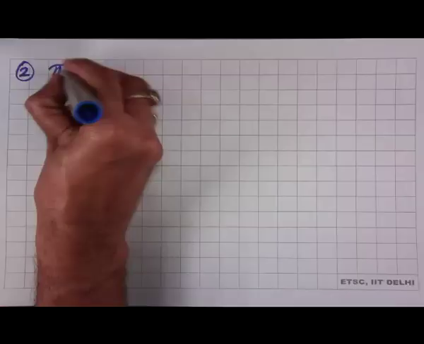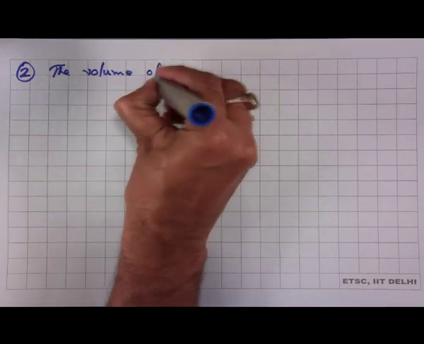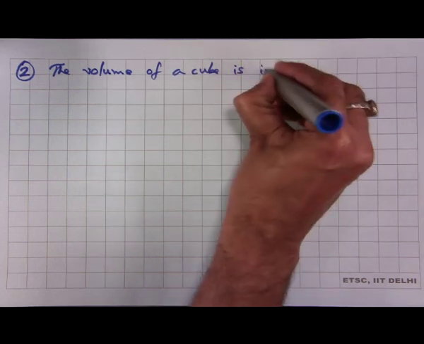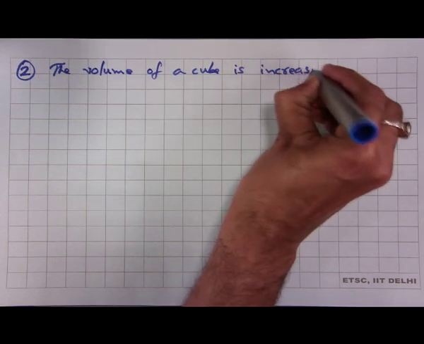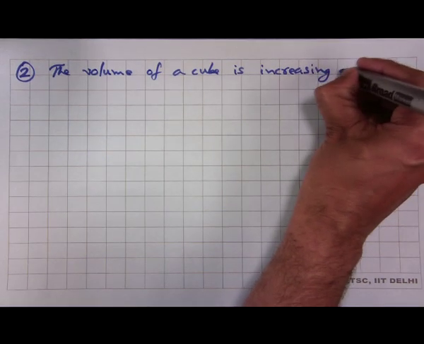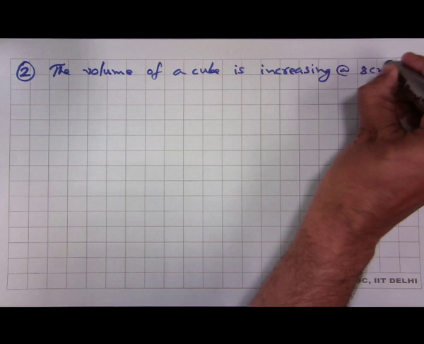Let us look at the next problem. Here we are given the volume of a cube is increasing at the rate of 8 centimeter cube per second.